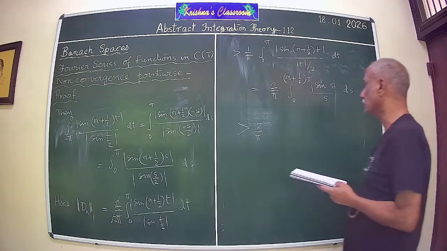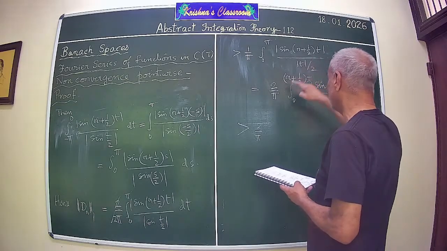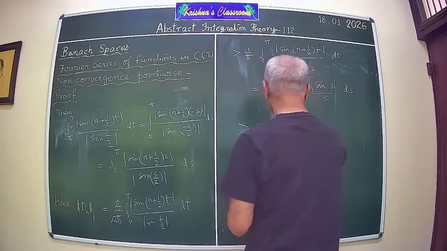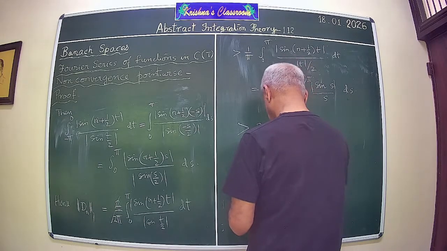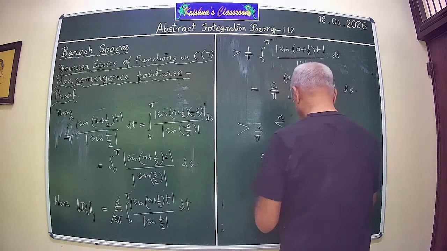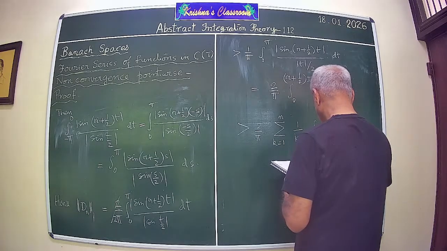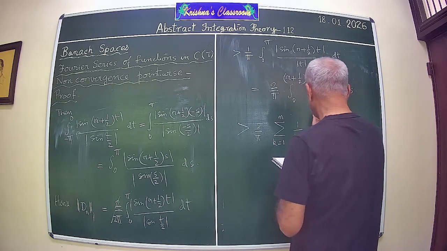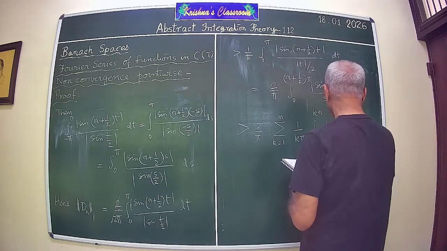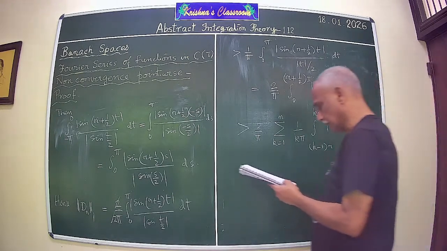Okay. So first take n equal to 0. So 0 to pi by 2, then pi by 2 to 3 pi by 2, etc., etc. So in that way, you will have to estimate, and this will give you sigma dt, and this you can easily integrate and sum up, and this is what you end up with.